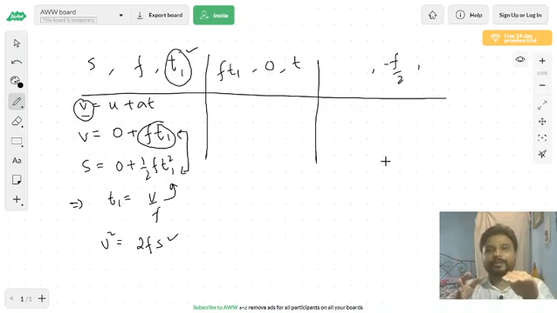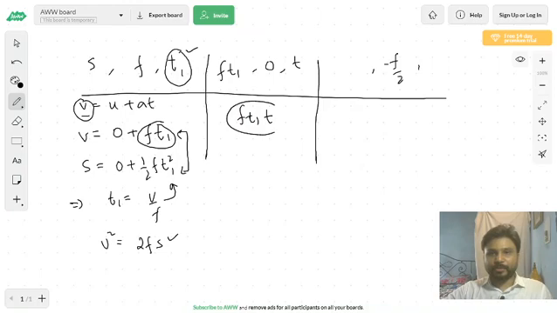So the particle would be traveling with this speed for t time, and what distance would it be covering? It would be covering a distance of ft1 into t. This much distance would the particle be covering. Can we eliminate t1 over here in terms of known?